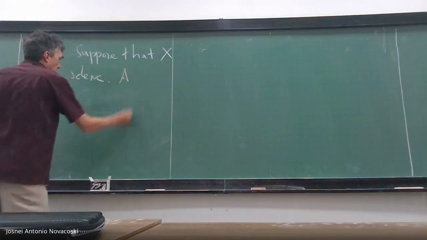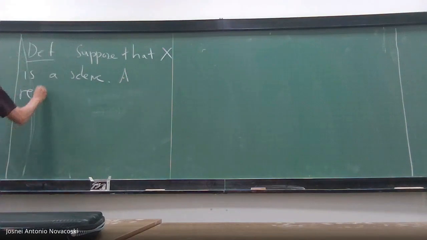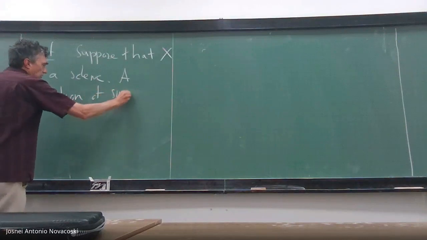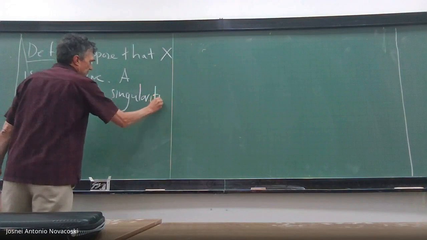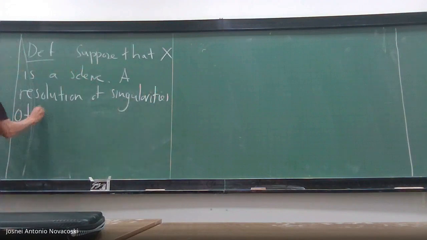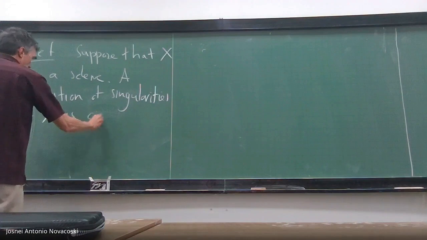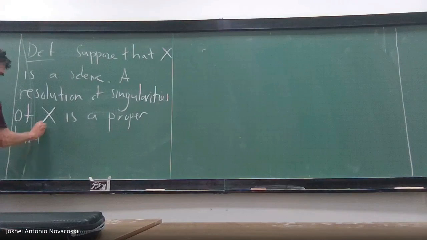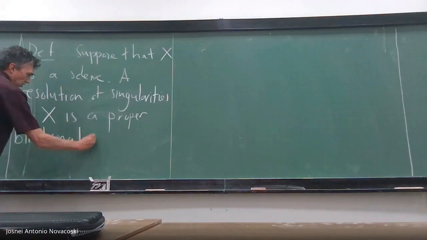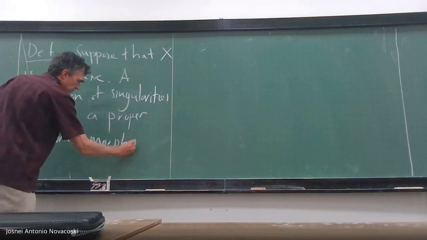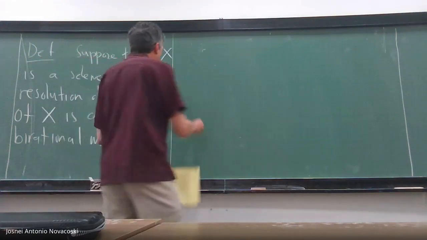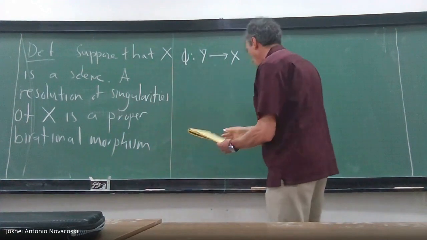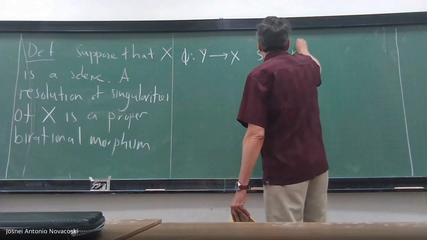So what is a resolution of singularities of X? These are words I'm going to tell you what they mean. It's a proper birational morphism phi from Y to X, such that Y is a non-singular scheme.